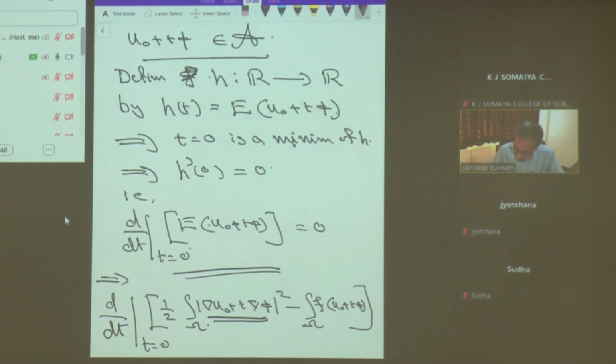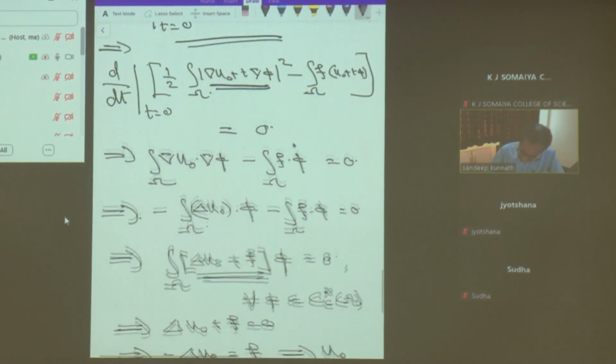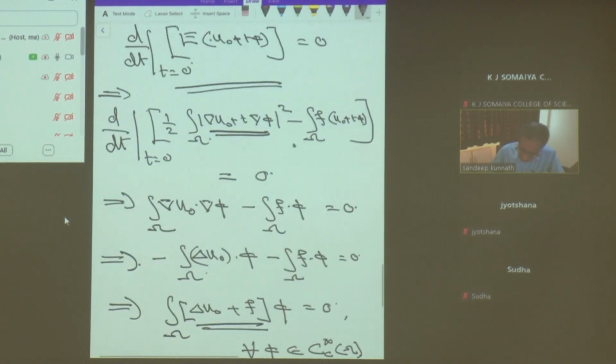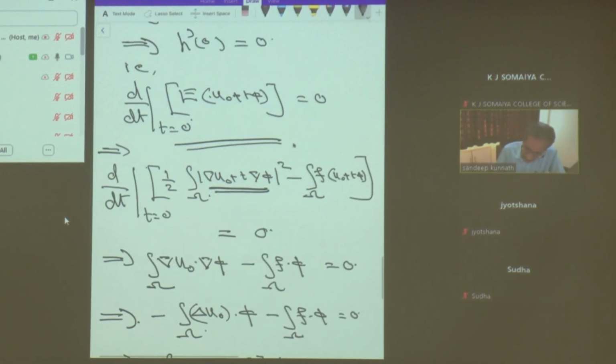This is something similar. So in fact, finally to conclude that it solves the equation, I did not really use the fact that it's a minimizer. What I used is only that this derivative is 0. And in fact, it is indeed true that the solutions of many of these kinds of partial differential equations can be obtained from the derivatives of some energy.